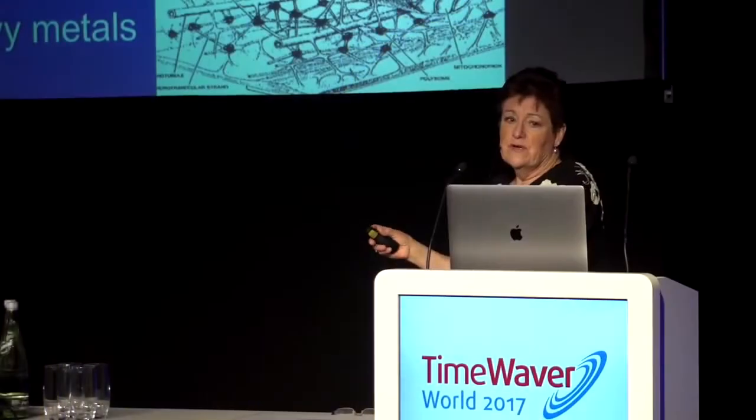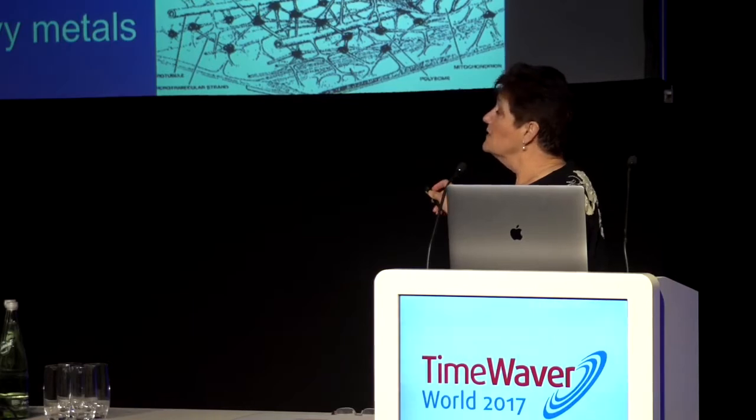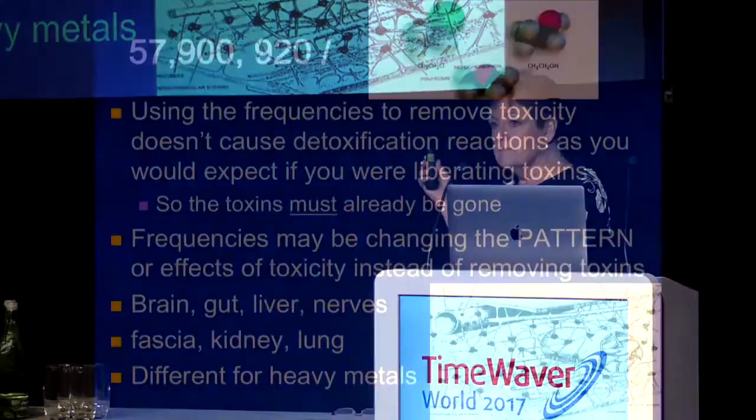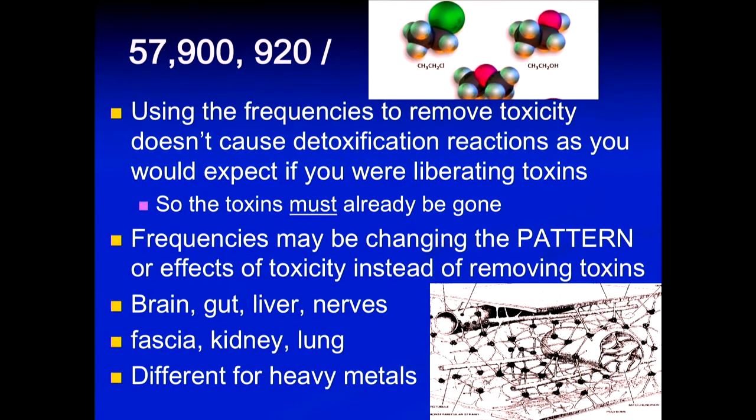So we have 3 frequencies, 57, 900, and 920, that change cell signaling after the toxins are gone. We use the frequencies to remove toxicity, and the thing that took me 15 years to understand is why patients don't get detoxification reactions.